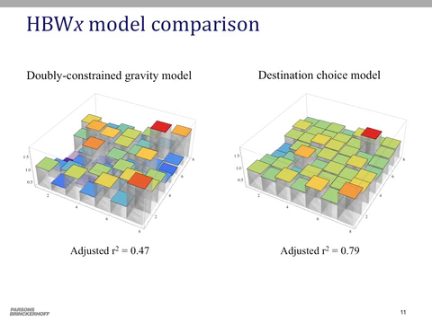The blue tiles are where we underestimated flows, and the orange and red ones are where we terribly overestimated them. If you look at the graph on the right, you see what happens when we move to a destination choice model, and we're able to incorporate other variables that help describe travel within the region. I know this is not a surprise to any of you, but the model worked a whole lot better.